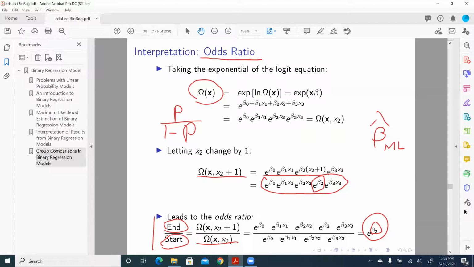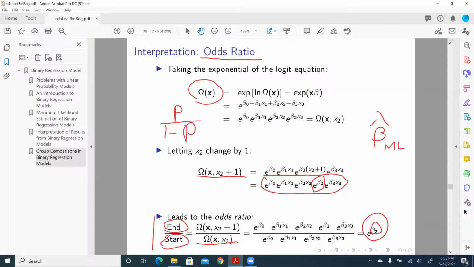So here we say, for each unit increase in x2, we would expect the odds of y equal to 1 to vary by a factor of e raised to the power of beta 2, holding all other variables constant.